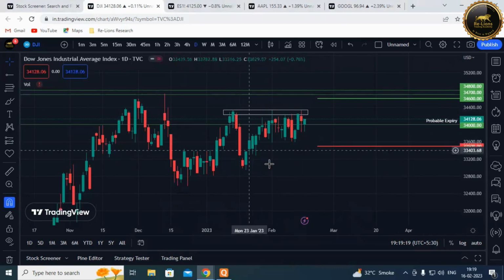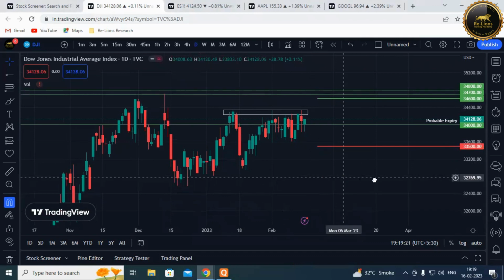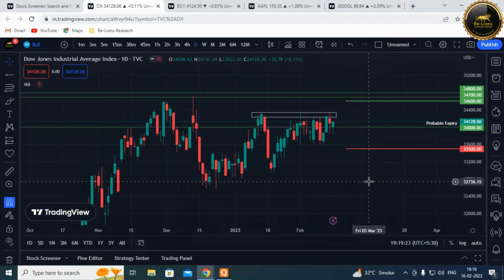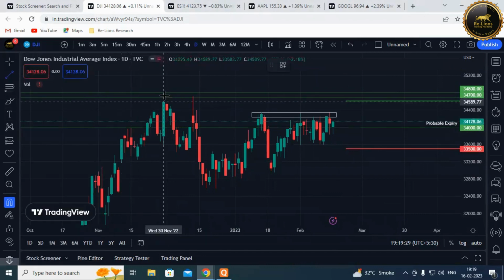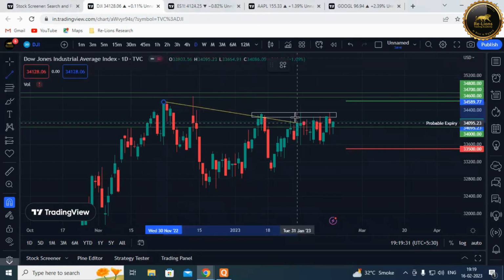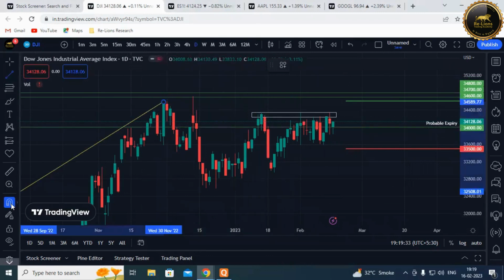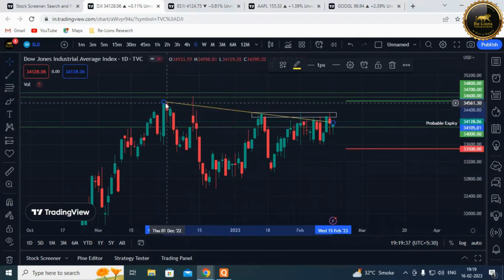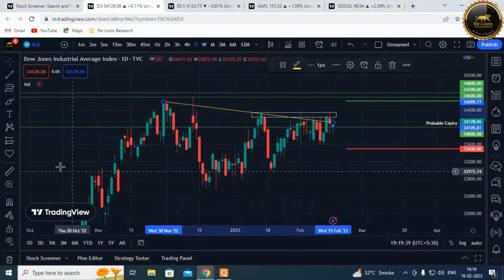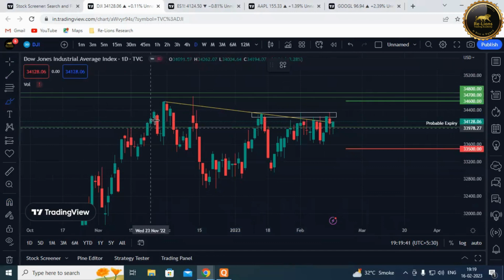But then I want you to mark or draw the trend lines. Let me draw one for you. If you try and connect these trends, I'll have to turn off my magnet. If you draw this trend line, what do you get? Do you find some shape?